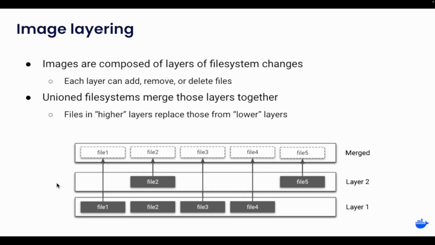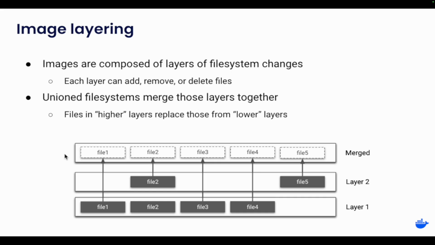Layer 2 adds a new version of file 2 and adds file 5 here as well. So up here in the merged version, which is what would exist if this image is executed as a container, it would be file 1, file 2 from layer 2, file 3, file 4, and file 5. So it's taking each one of these layers and pulling them together into the merged version.